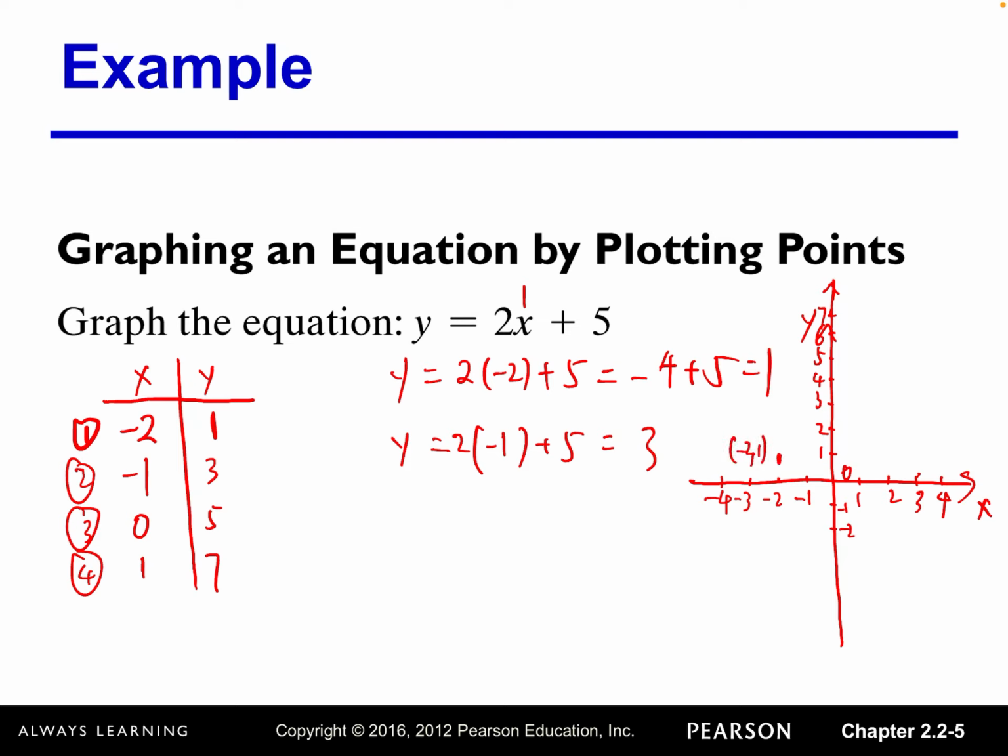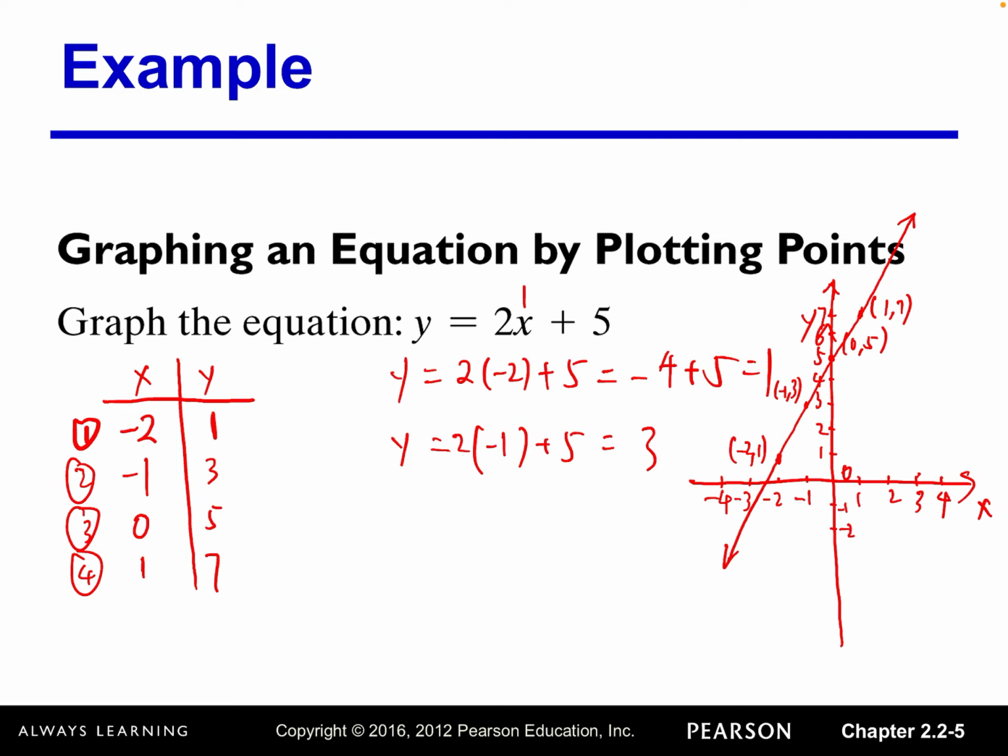This is the point -2, 1. And then -1, 3: left 1, up 3. And then 0, 5, right on the y-axis. And then 1, 7: right 1, up 7. And then connect those points to form the line, and the line can go either direction to infinity. That's why we use arrows to represent it. All right, that's how to graph this equation by plotting points.